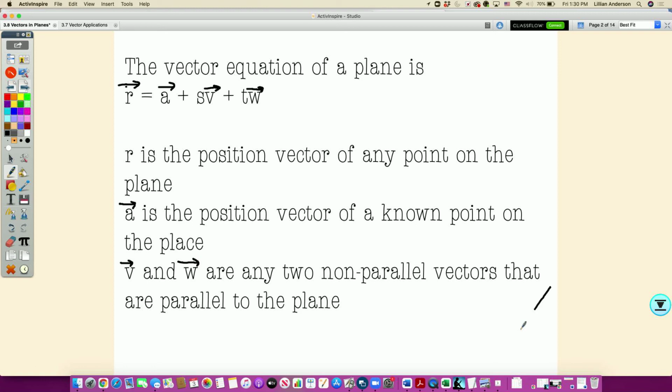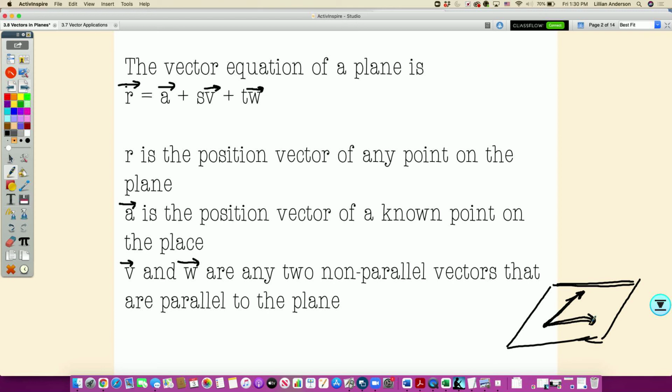I know we're talking about something in three-dimensional space, but remember this is what a plane looked like if you were to draw it. So this right here would represent two non-parallel vectors. They're parallel to the plane because they essentially run along the plane in the same space.